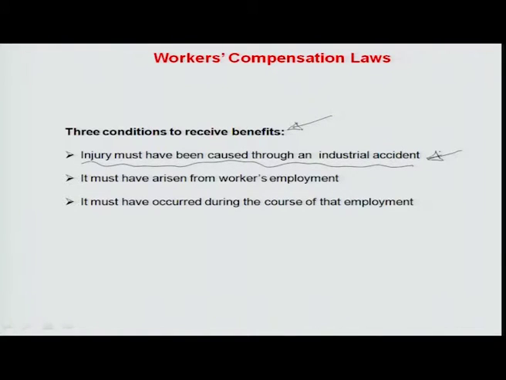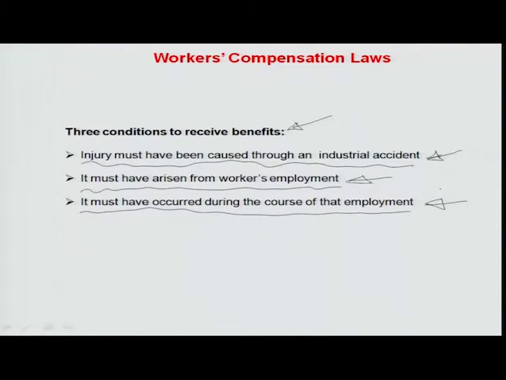It must have arisen from the worker's employment. It should not be because of any other work that the person was doing for himself, which created an accident or fatality; that cannot be counted within the compensation laws or as a reason for getting compensation from the employer. It must also have occurred during the course of that employment.